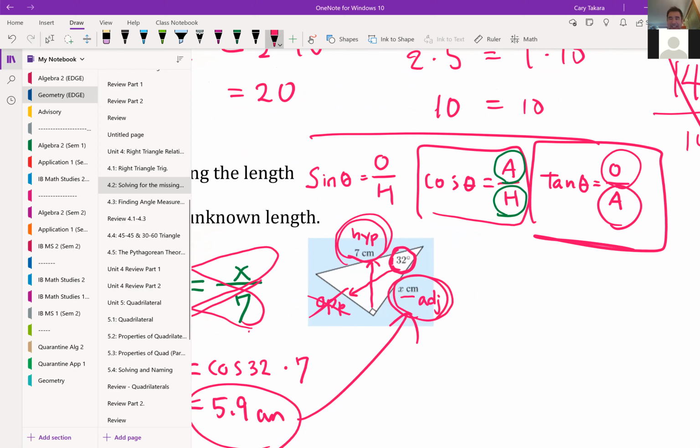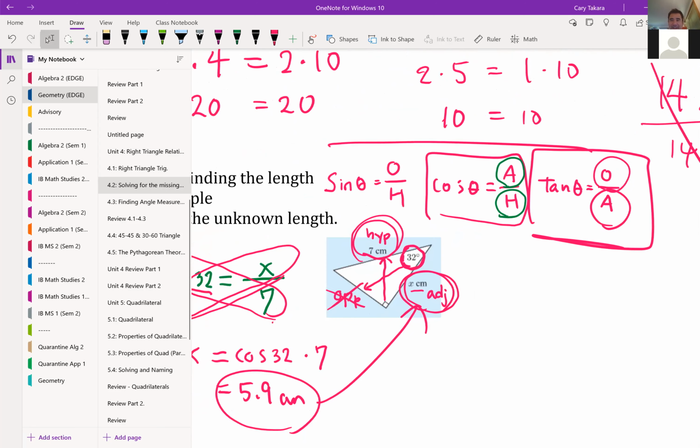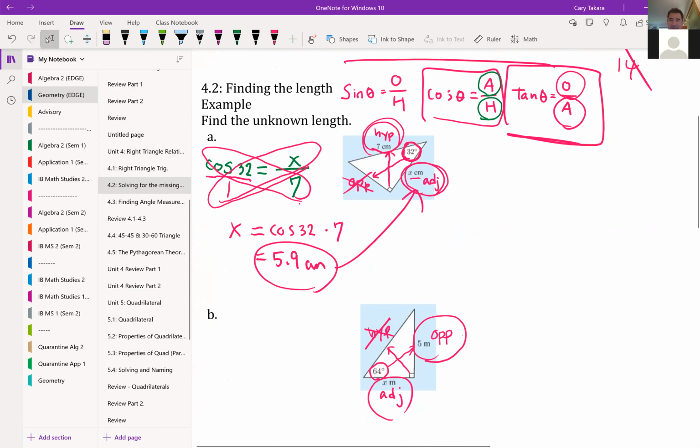This is a tangent, isn't it? Okay. So this is a tangent problem. So let's set it up. Tangent of, always the angle comes next. Tangent of 64. That's a one package deal, yeah? Okay.